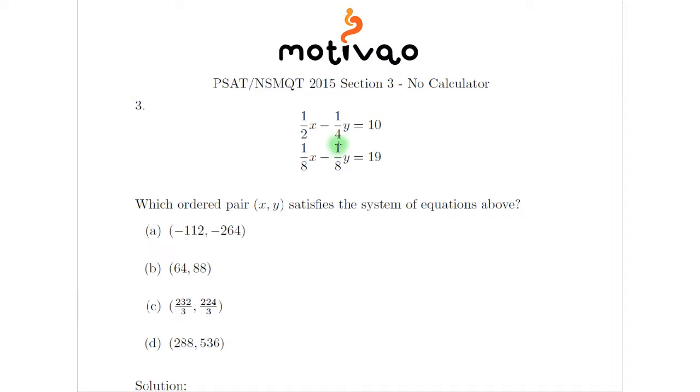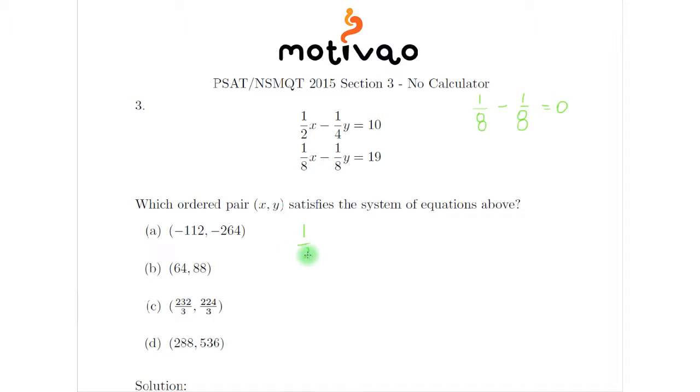You guessed it, positive 1/8, because positive 1/8 plus negative 1/8 is 0. So now I need to multiply this first equation by a number that gives me positive 1/8, and you already guessed that it's negative 1/2. So let's go ahead and do that.